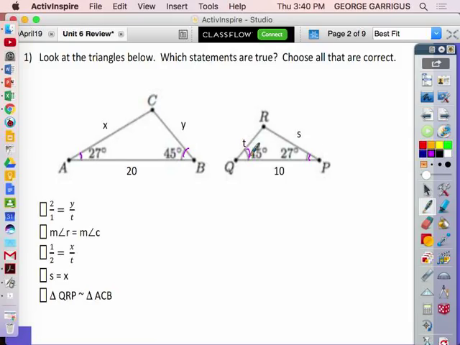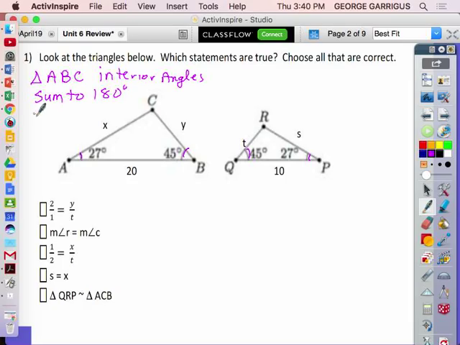First, we need to know that the triangle ABC, the interior angles sum to 180 degrees.